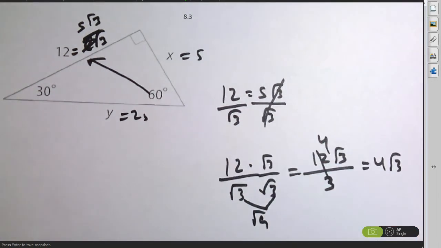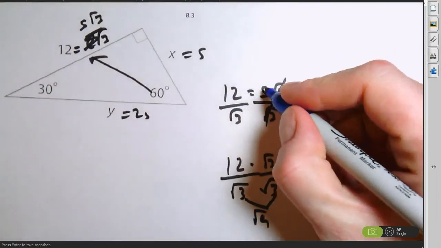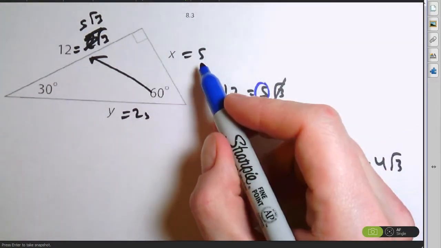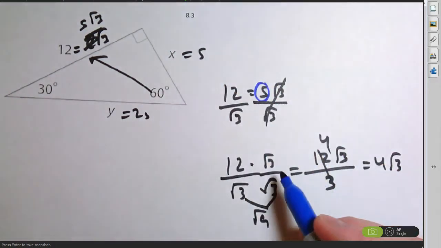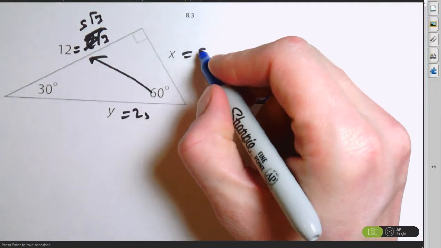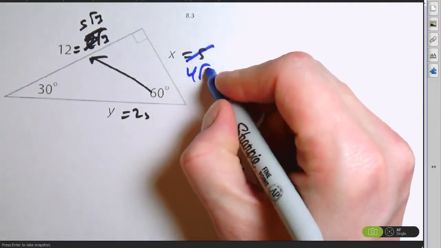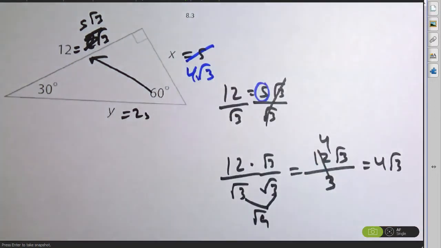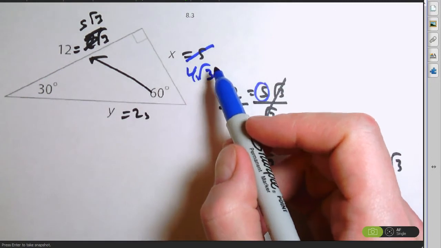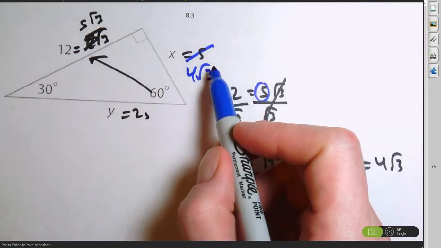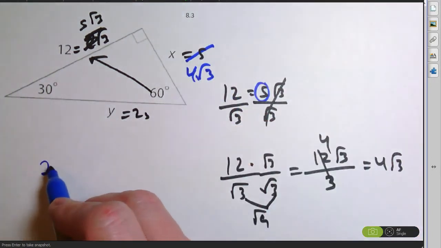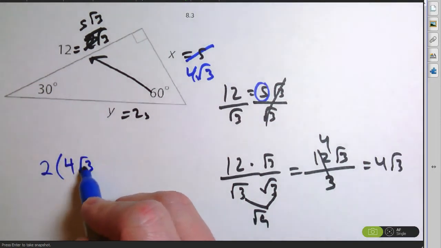That's the part that a lot of people always forget: which one do I have? Well, on this one I solved for S. So since I solved for S being this number, that's really X. And then to get to Y, it's double S, because that's what the hypotenuse is. So it's 2 times 4 root 3.